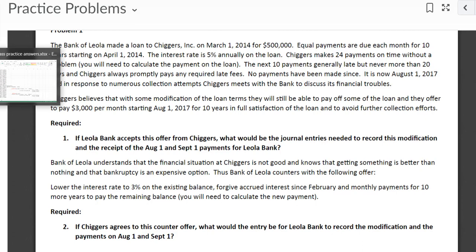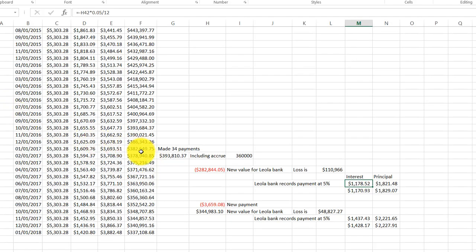So we're going to base our payments on not the whole amount. Okay, so we're going to go back to the 382. We're going to calculate the payment here using 3%, 120 months, and the amount without the accrued interest.